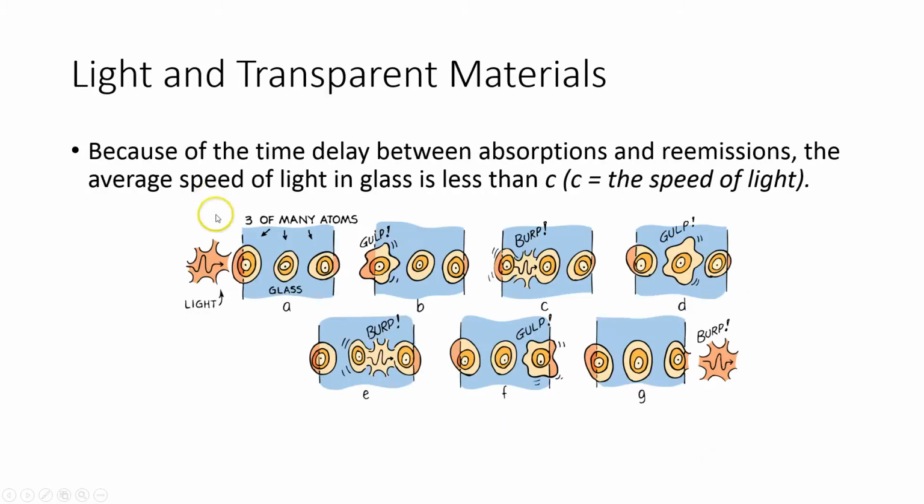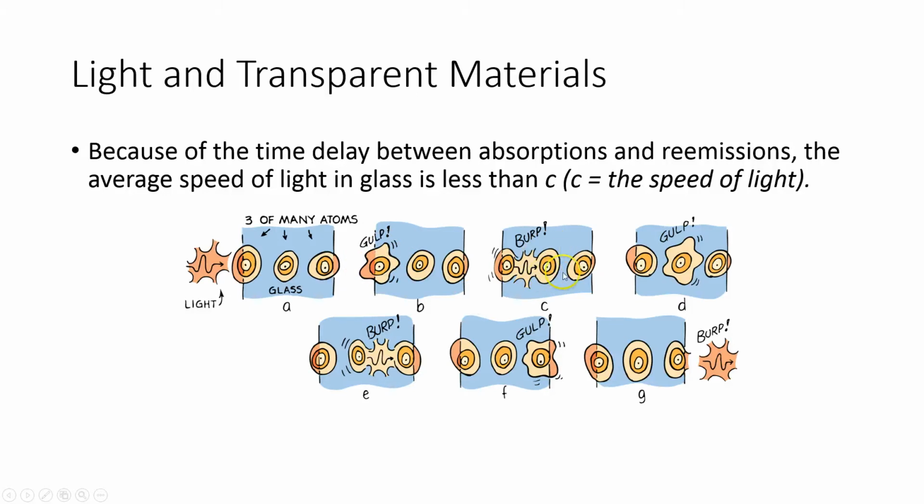That's important because when we have light, as it travels through glass, it actually travels from particle to particle. So here's 3 different atoms in glass. The light wave comes in, that energy is absorbed by the first one, and we say that it gulps up that energy. It gets full, and it can't take any more, so it burps it back out.